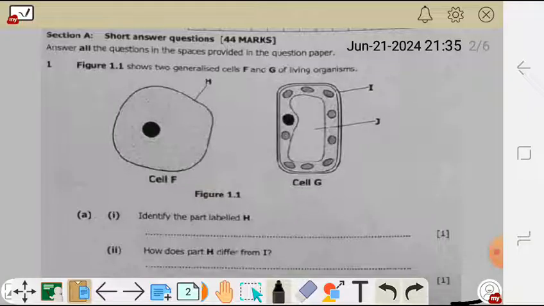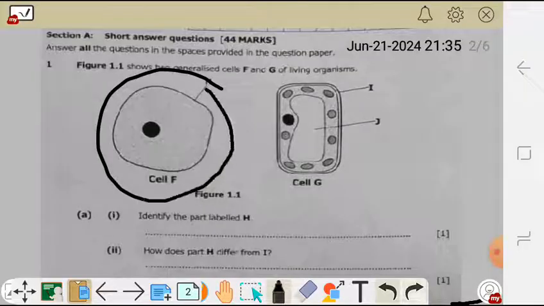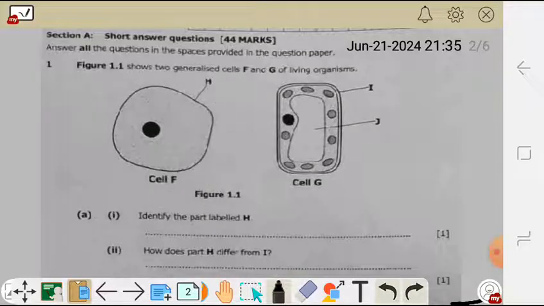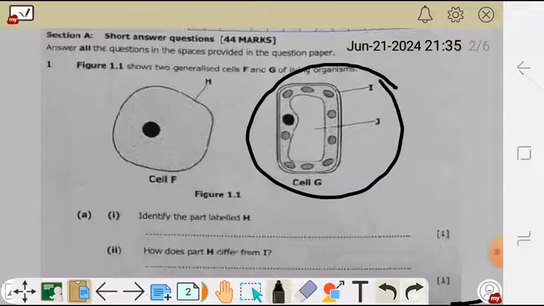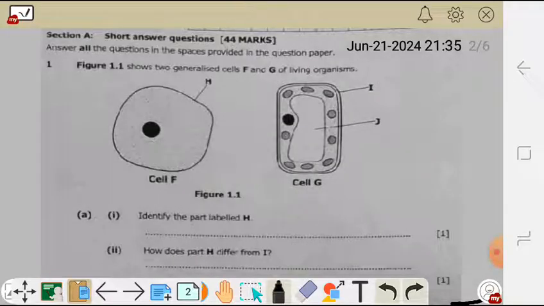So cell F and cell G are cells of living organisms.